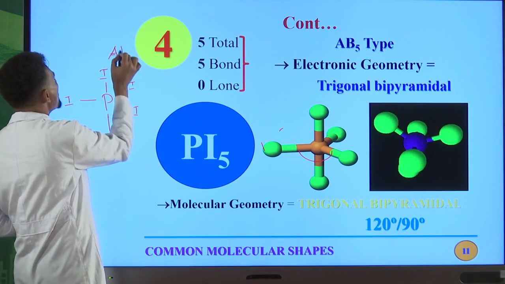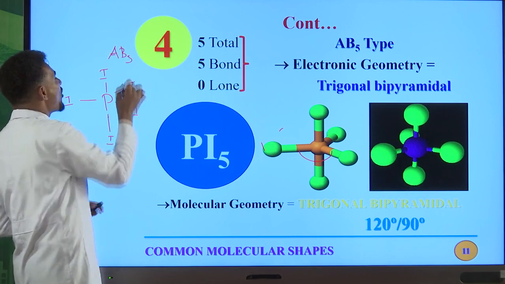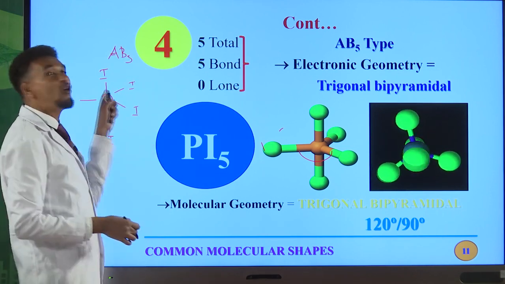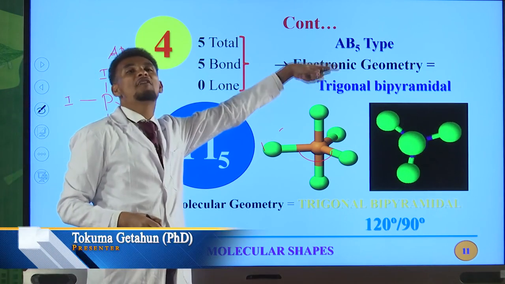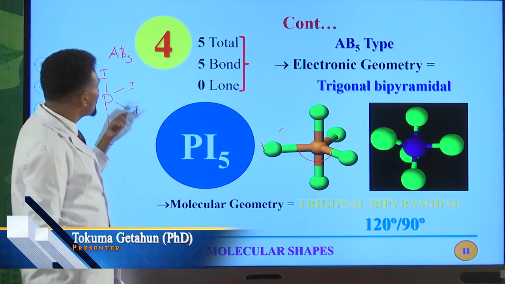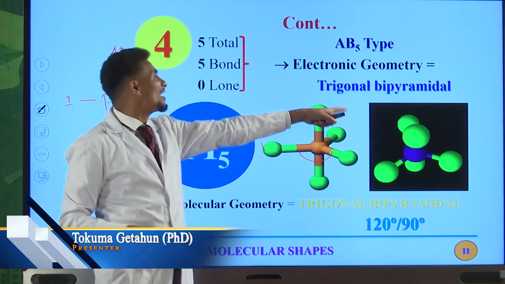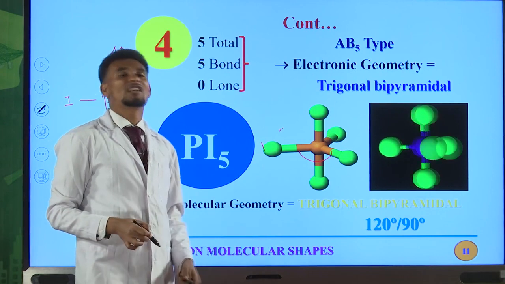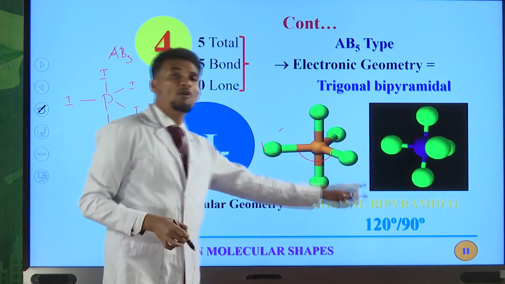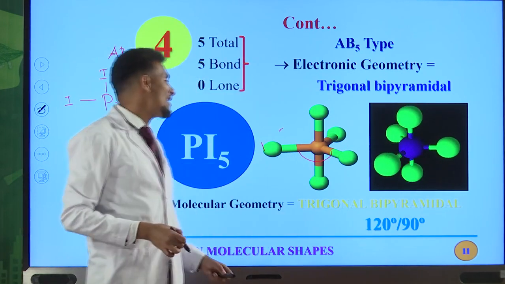So that means B5. We have no lone pairs of electrons on the phosphorus atom, on the central atom. Therefore, it is AB5 type. So for this molecule, its electronic geometry is trigonal bipyramidal. Its molecular geometry is also trigonal bipyramidal. Its ideal bond angles are 120 degrees and 90 degrees.